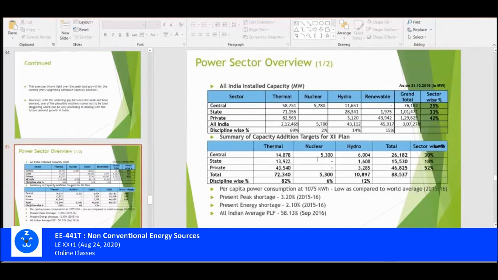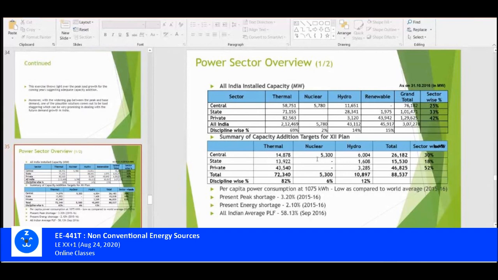Now you can have certain data regarding the overall power sector situation in our country. The data has been compiled till 31st October 2016. The pattern is somewhat same. It has not changed very drastically, though now we are having more and more stress on renewable rather than the conventional generation.